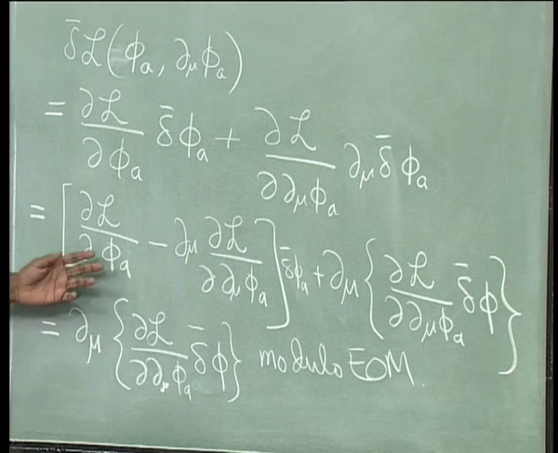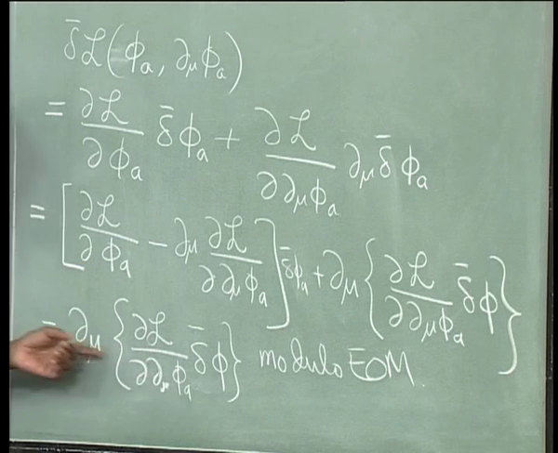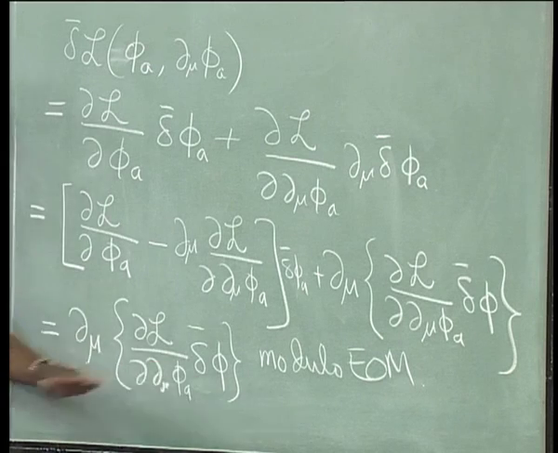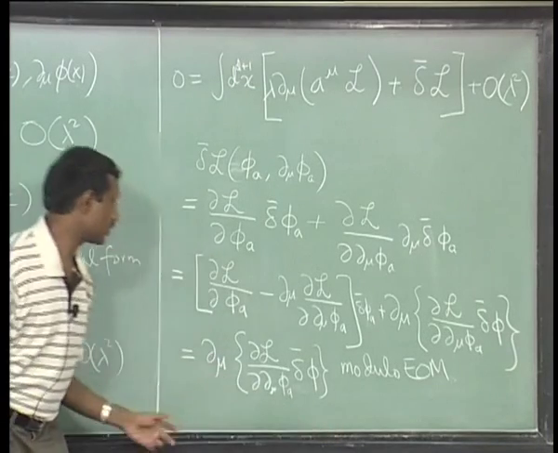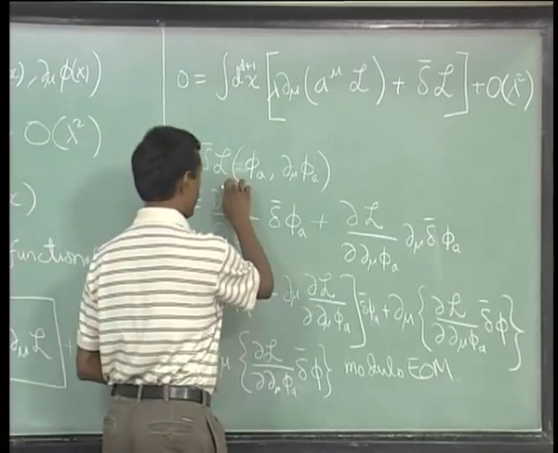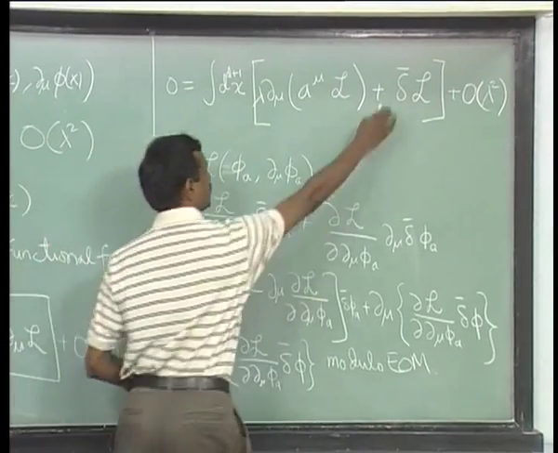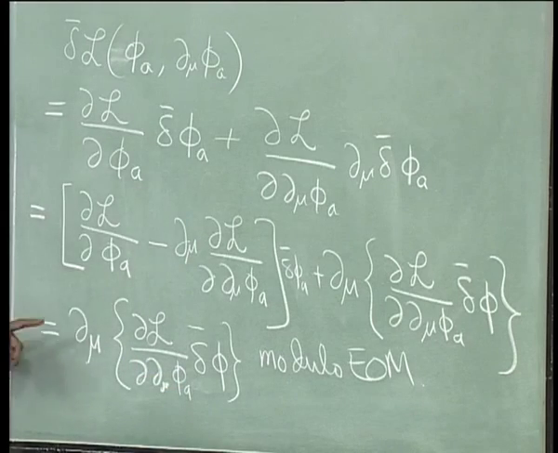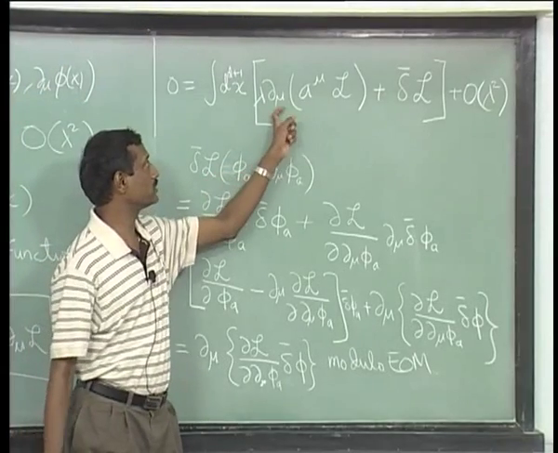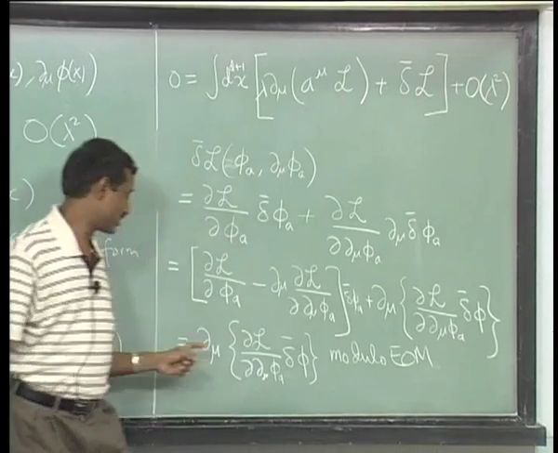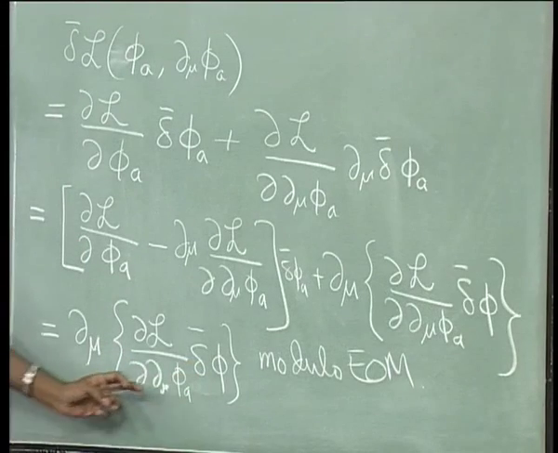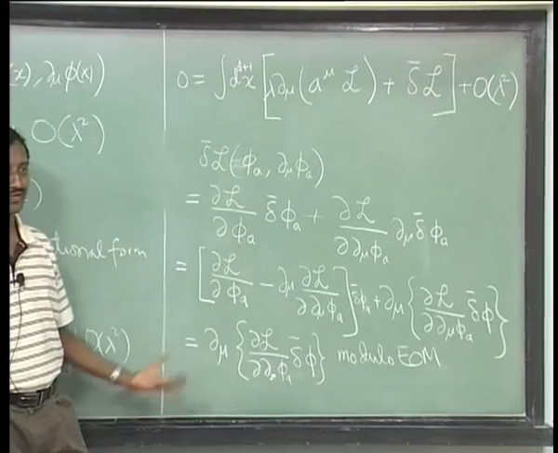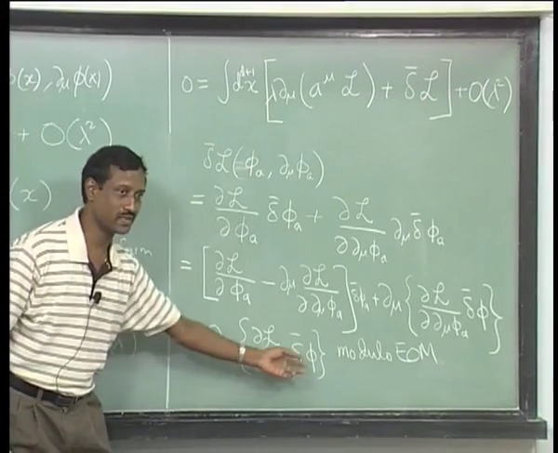If I am looking at trajectories which are solutions to the equations of motion, then this will hold. So it is on a solution. Now you can see that delta bar of L can be replaced with this object out here, and just like this was a d mu on something, the good news here is this is also looking like this. So now you get 0, which is d mu times something.